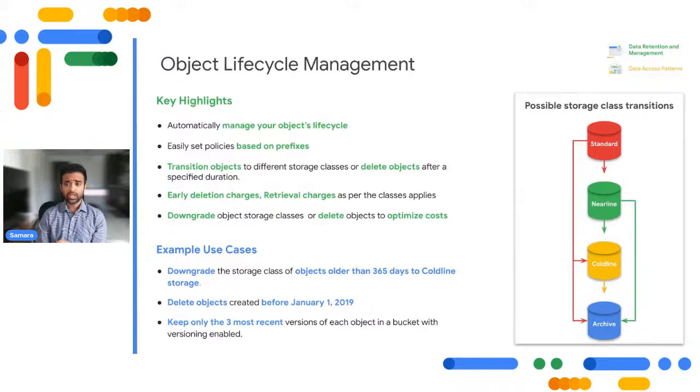A few seconds ago, we saw Autoclass, which automatically transitions data across the storage classes based on objects' last access time. Now, Object Lifecycle Management is a DIY version of Autoclass. It helps you set tiering policies so that you can move your data across the storage classes or delete the data that you do not need anymore. With OLM policies, you can configure rules as per your requirements.